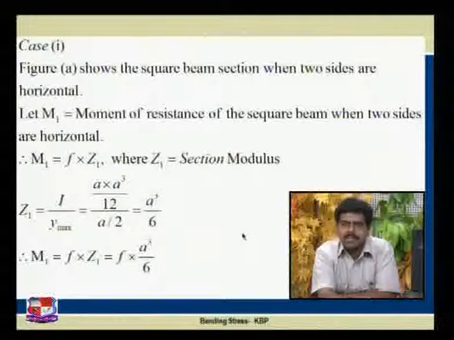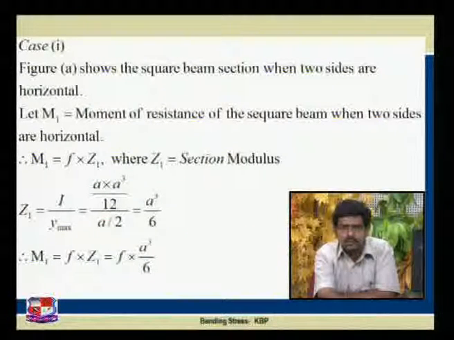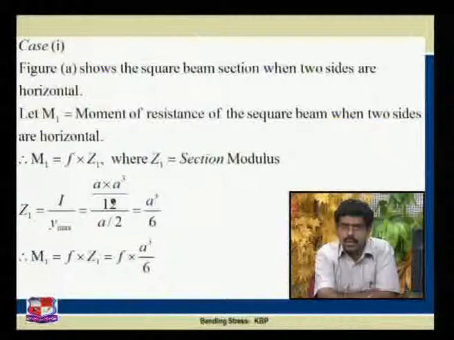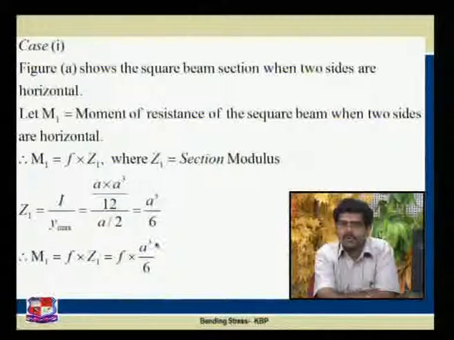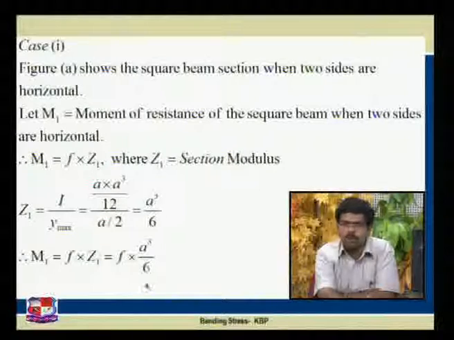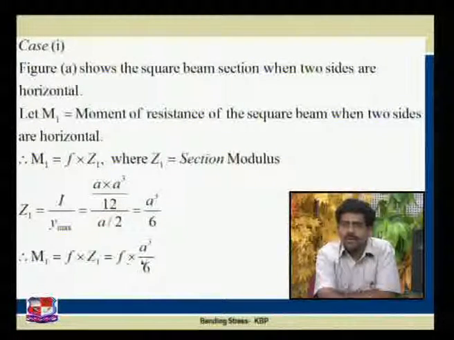Z1 is the section modulus when both sides are horizontal. Z1 is I by Y max, A raised to 4 by 12 divided by A by 2, we obtain A cube by 6, that is Z1. Putting the value, M1 is equal to F into Z1, equal to F into A cube by 6.